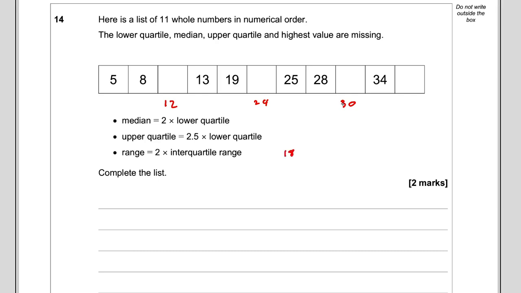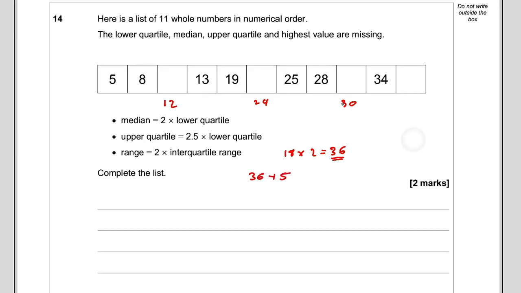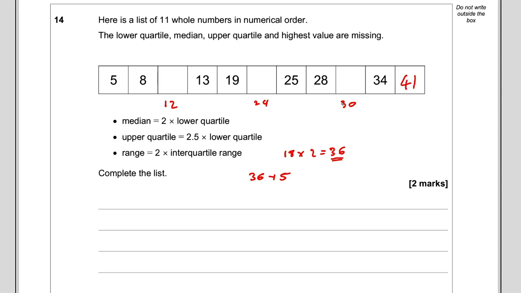So 18 times 2 would be 36, and that would be the range. So 36 plus 5 would be 41. So yeah, that's my combination that works. So I'm going 12, 24, 30, and 41.